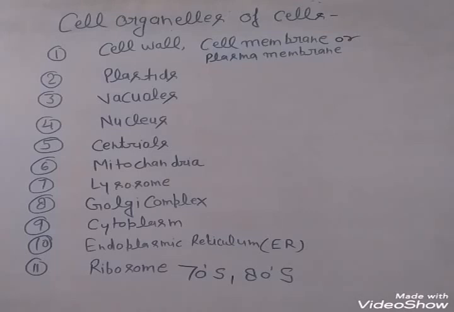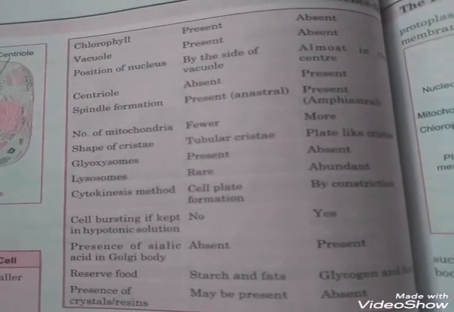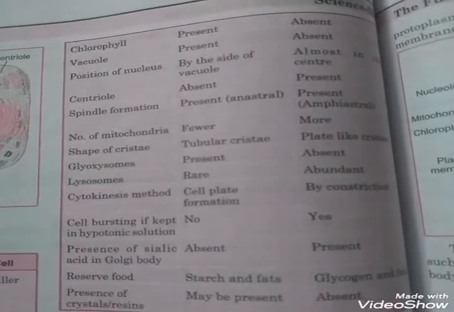So cell walls are present in plant cells and fungus cells. Fungi are plants without plastids, or without chlorophyll. These are some differences between plant cells and animal cells.